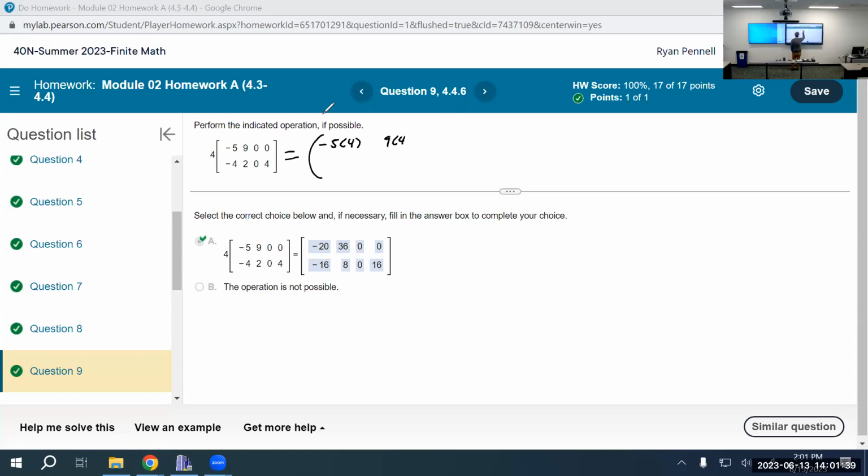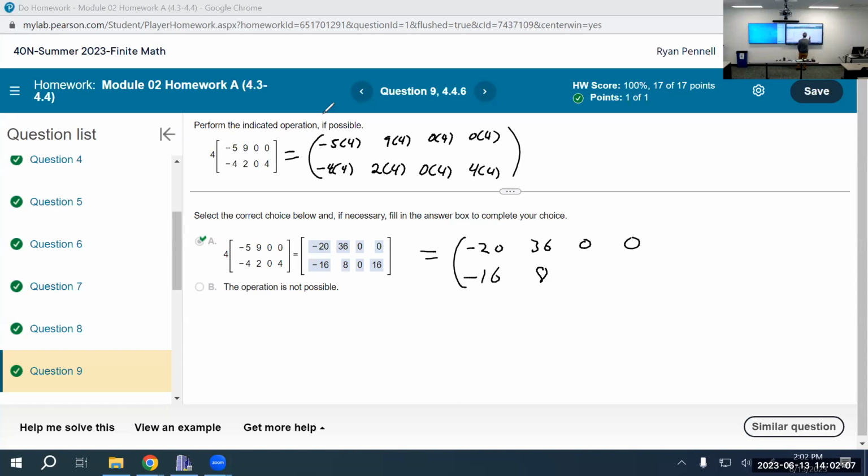0 times 4, 0 times 4, -4 times 4, 2 times 4, 0 times 4, 4 times 4. Instead, we have 20, 36, 0, 0, -16, 8, 0, 16.